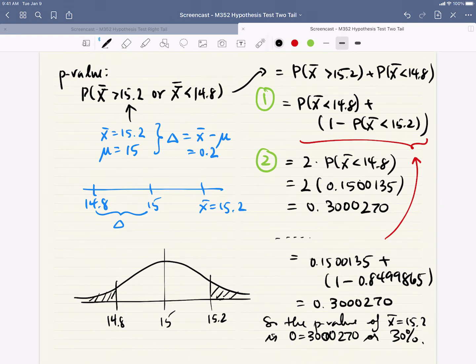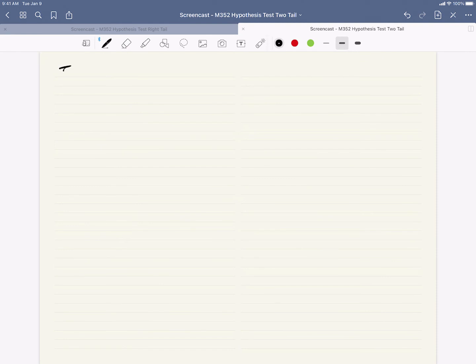To reject a null hypothesis, people generally have a small p-value they work with, like 1% or 2.5% or 5%. This is really not like any of those. This is really pretty big. So what we would say then, we would say this probability is large.